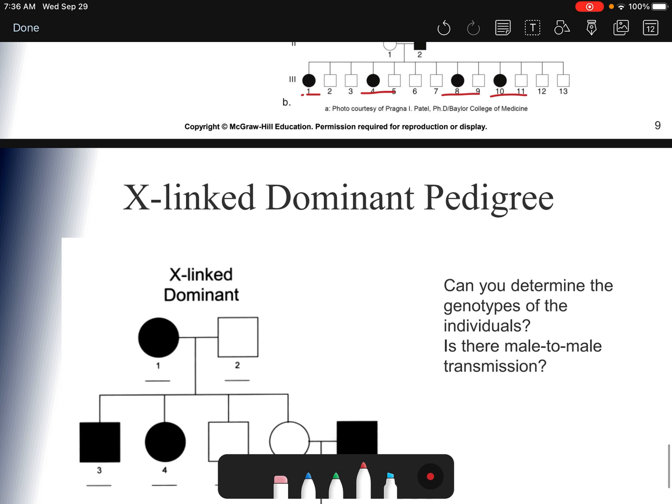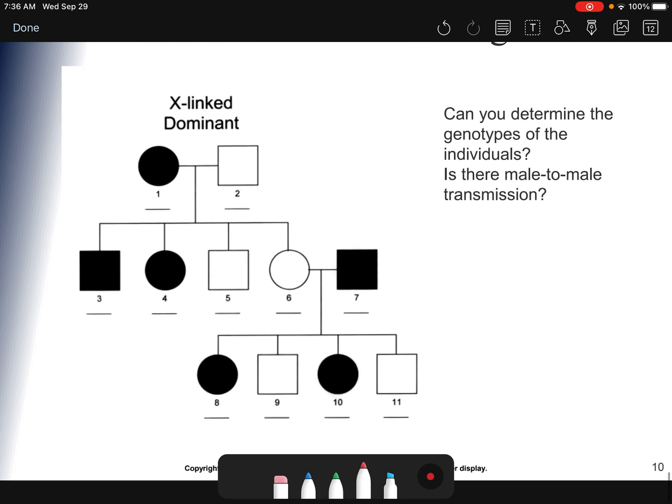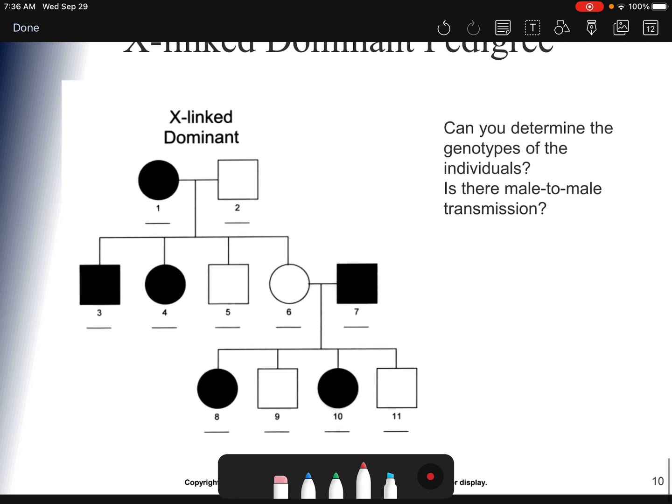All right? Let's see if you can figure these out. Can you determine the genotypes of the individuals? So we know that she's affected, so she needs to have at least one. Usually they're heterozygotes.